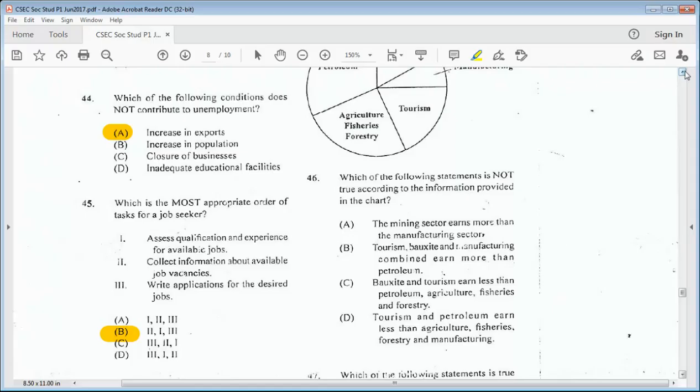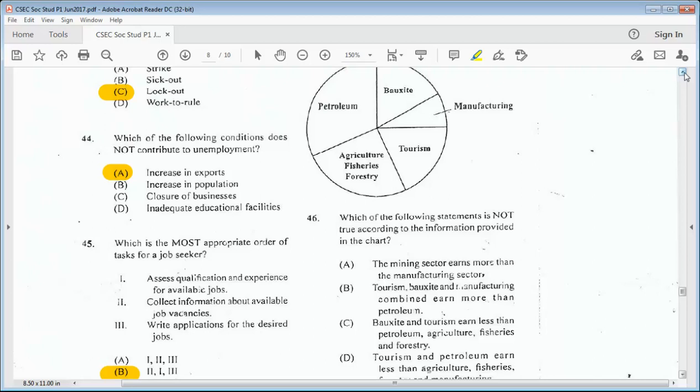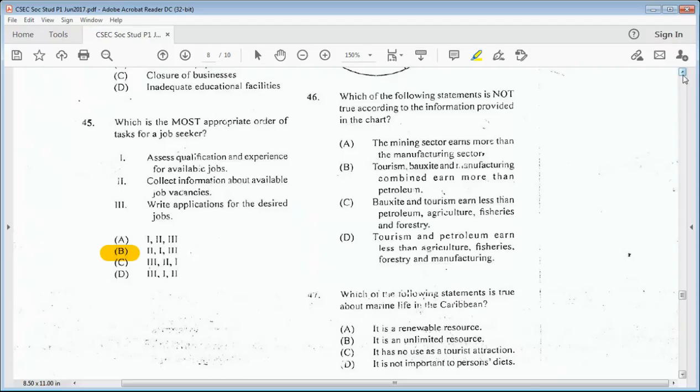So is this true? Okay, mining sector is the same as bauxite. So did the bauxite sector earn more than the manufacturing sector? The mining sector earns more than the manufacturing sector, yes. Bauxite earns more. So that is not the answer option because mining did earn more.